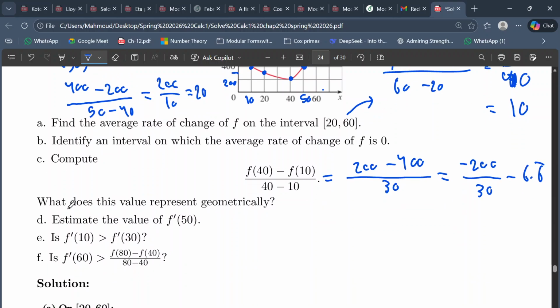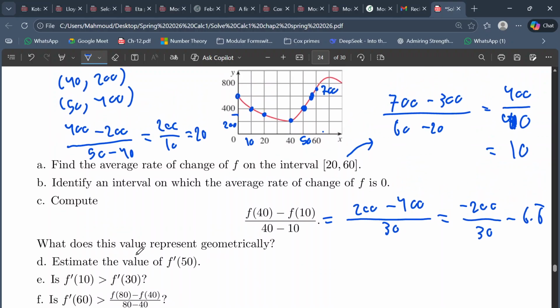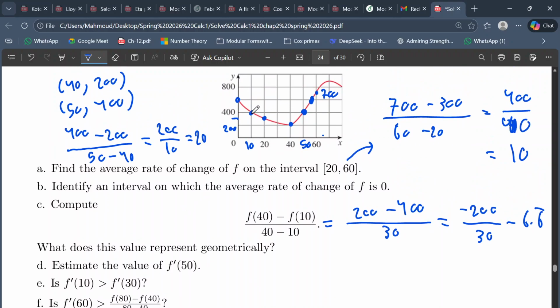Now, is f prime of 10 greater than f prime of 30? 30 is here, right? Now let's see again. Which slope has more magnitude, this one or at 30? So we are comparing this one at 10 and 30, right?